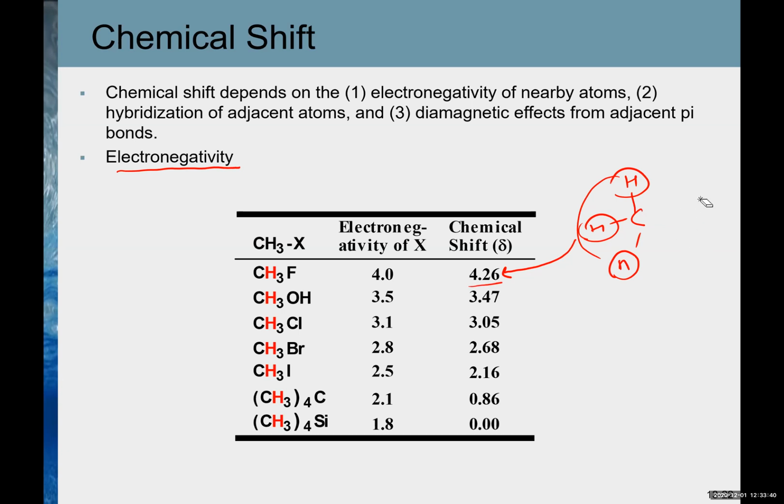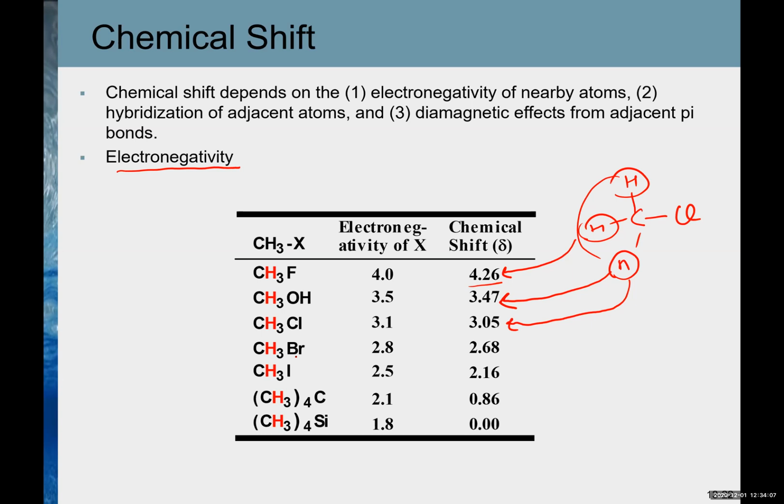Now, if instead of fluorine we attach oxygen, the chemical shift value of these protons is 3.47. Instead of oxygen, if we connect chlorine, it is 3.05, and so on. You understand where I'm going.